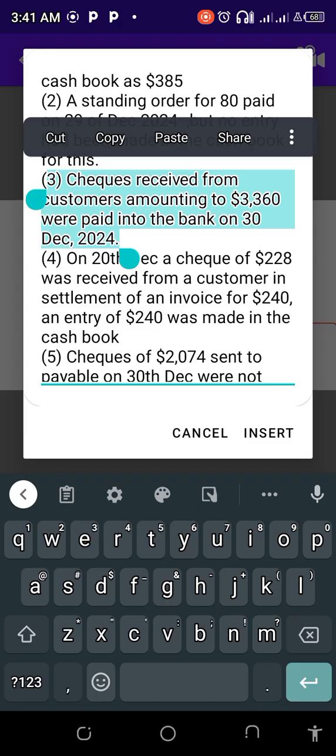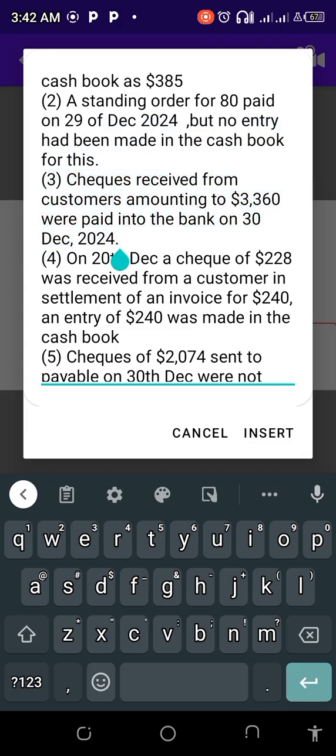That is an example of an uncredited check. For an uncredited check, we go to the reconciliation segment of our solution. It has nothing to do with the adjusted cash book.